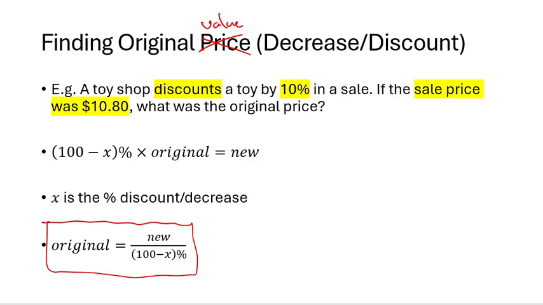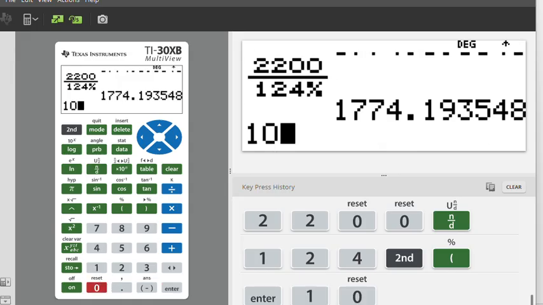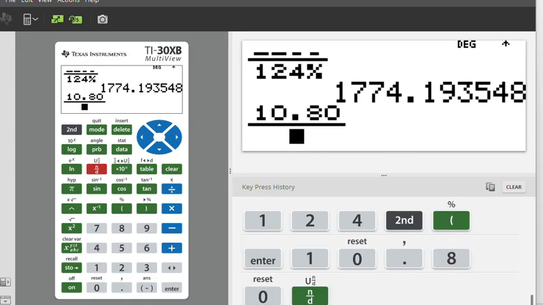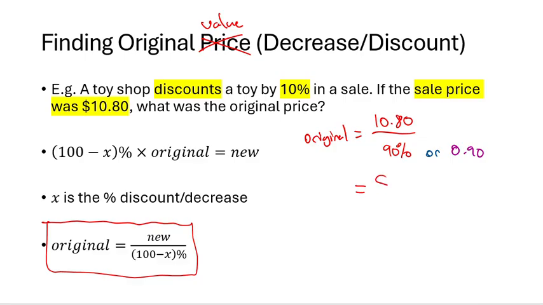So let's just figure that out. Original. And what was the new price after the discount? It was $10.80. And I'm going to divide it by 90%, or you could say 0.90. Doesn't matter. Just type it in and you get your final answer. 10.80 divided by 0.9 equals 12.